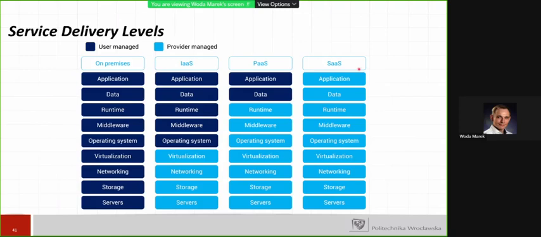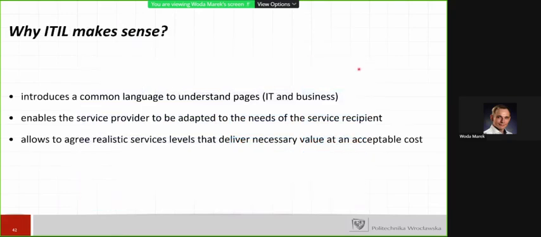And just to conclude, why does ITIL make sense? Just a short summary. First of all, it was introduced as a common language that could be understood by non-IT persons.